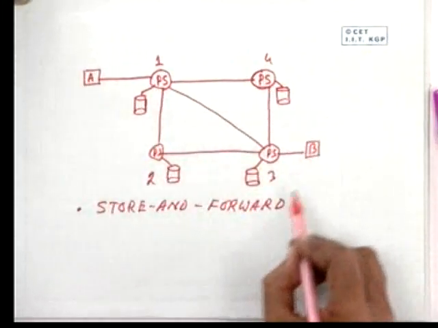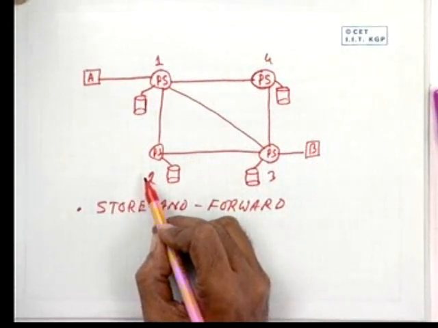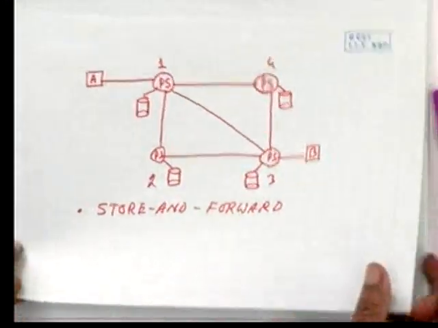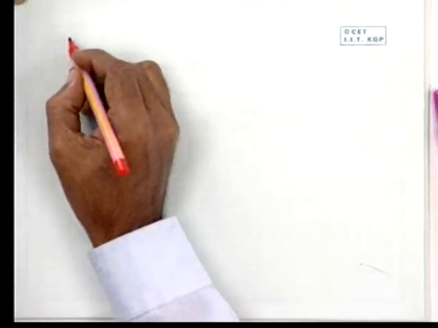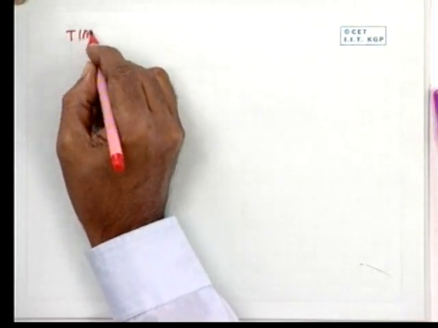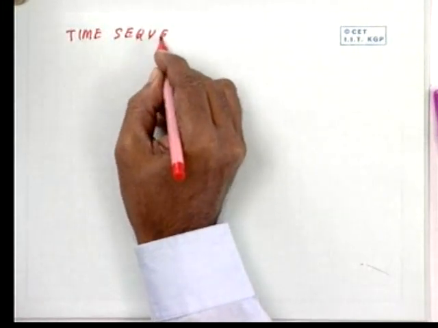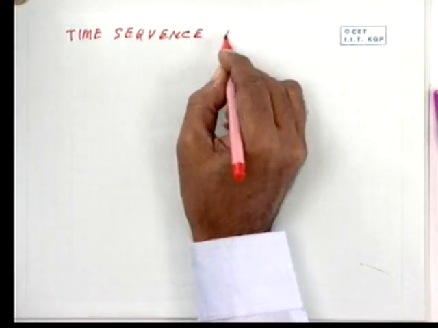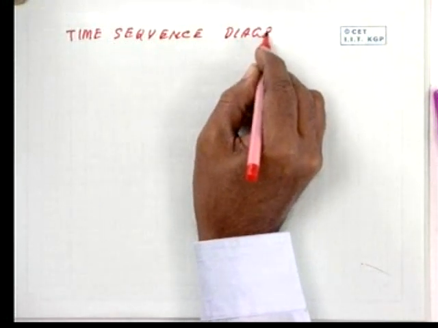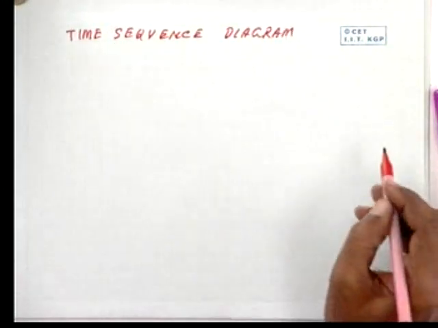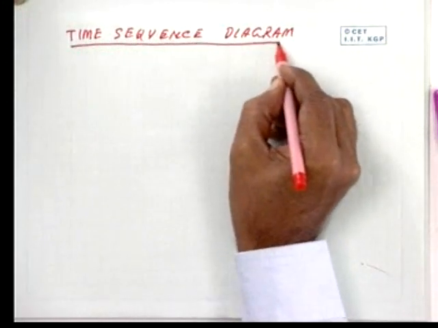Now, this is the basic configuration. Let us look at the time sequence diagram. There are two basic approaches.